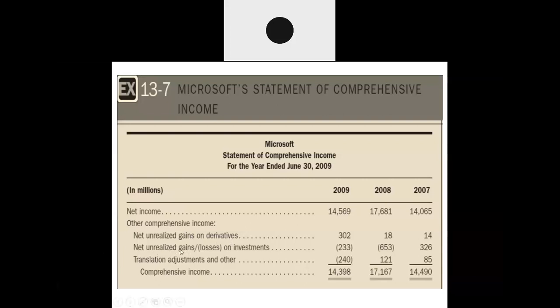And then you have net unrealized gains or losses on investment, and then the translation adjustment and other, where if you have a loss you minus, if you have a gain you add. And then you get the comprehensive income. Here you report the comprehensive income.